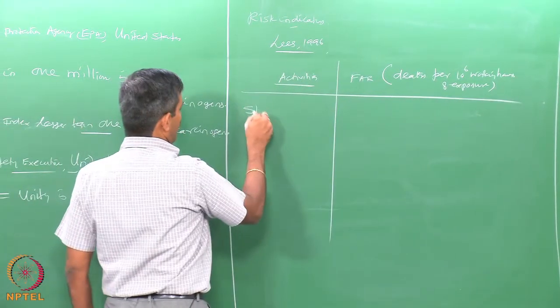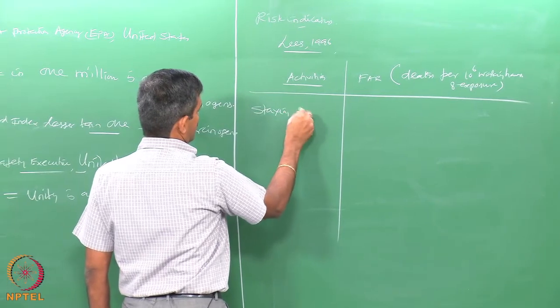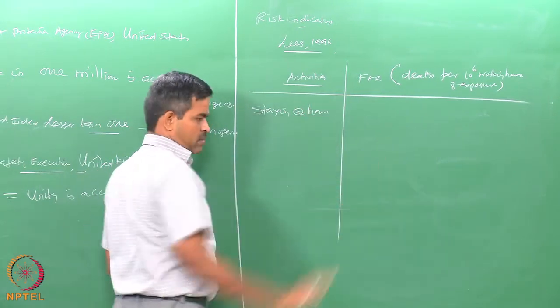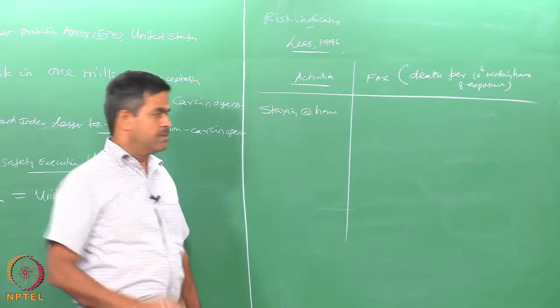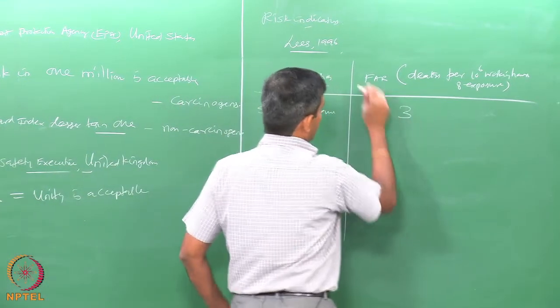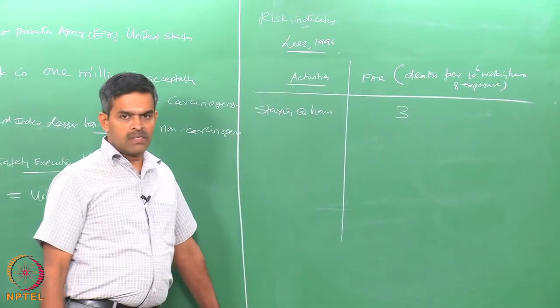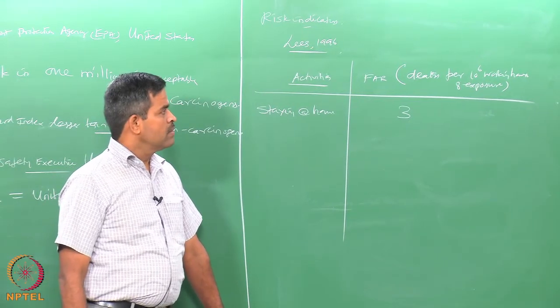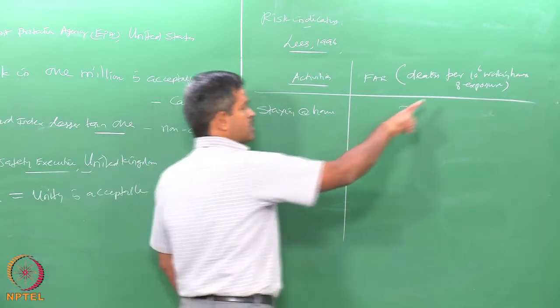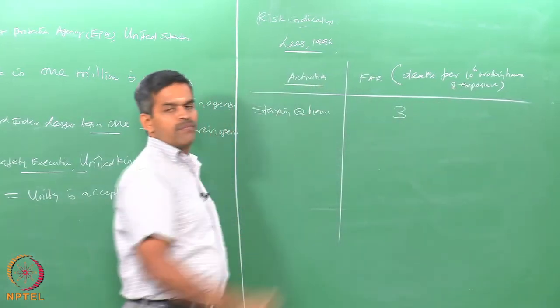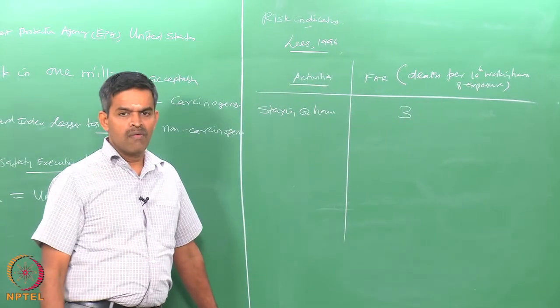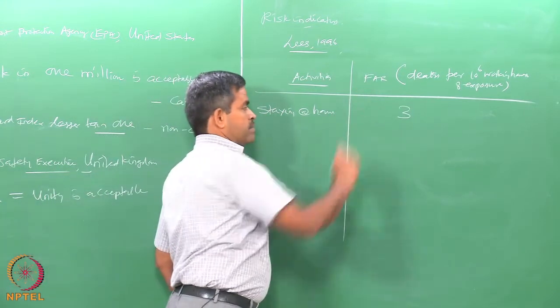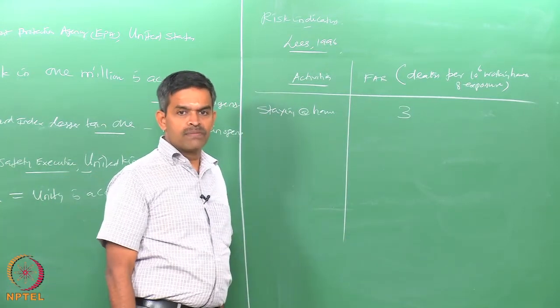Even staying at home, without doing any work, non-industrial, domestic, still has an FIR of 3. That is, if you stay at home for 10 power 6 working hours of exposure, still 3 people would die. So, the fatality accident rate could be 3.